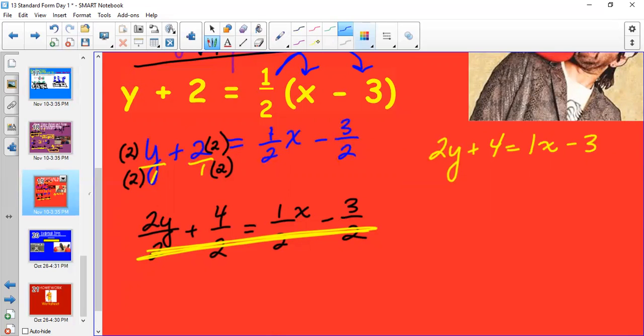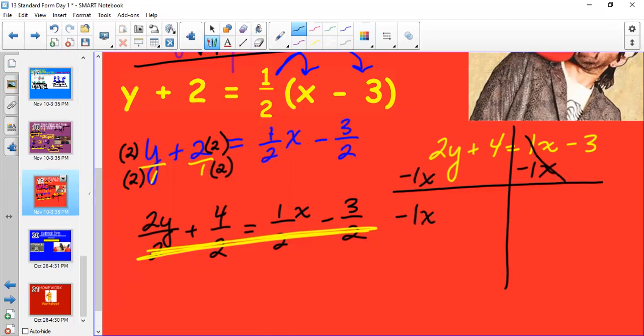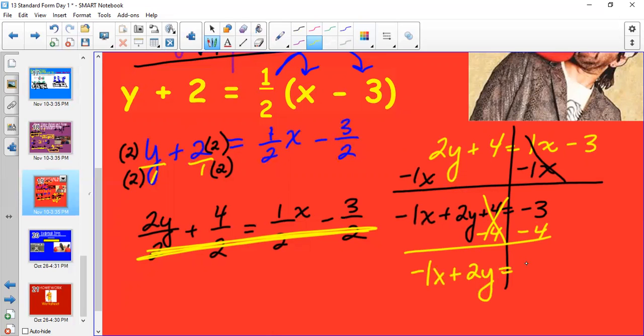I want my x term to come first. Switch the side, switch the sign. So negative 1x plus 2y plus 4 equals negative 3. And I'm really close. I just have to send that 4 to the other side. So negative 1x plus 2y equals negative 7.